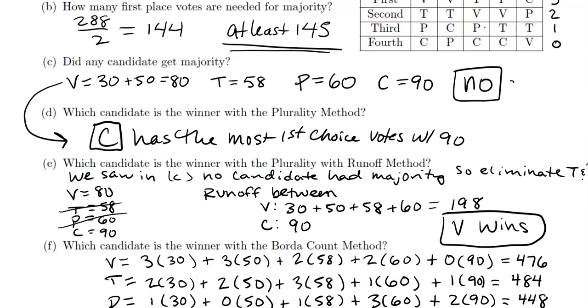And then we've got C last. C's in last in the first one, so that's 0 times 30 votes. Then they jump to third place, so 1 times 50. And then they're in last again, so 0 times 58. And then last again, so 0 times 60. And then they jump to first, so 1 times 90.